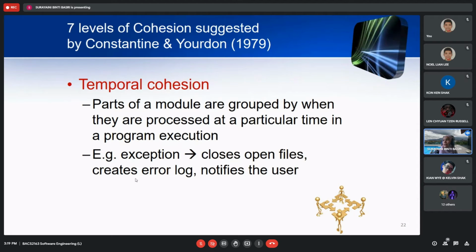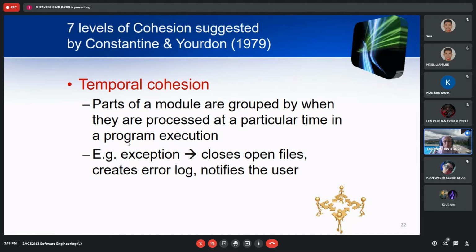Okay, so after that, temporal cohesion. In this temporal cohesion, this is the third level of cohesion. In this cohesion, parts of a module are grouped by when they are processed at a particular time in program execution. Okay, so here, for example, you have one module.